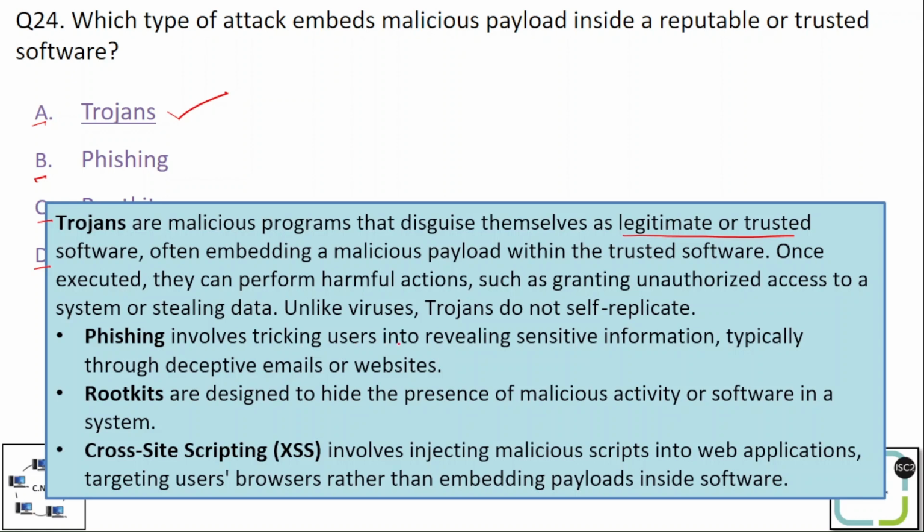Phishing involves tricking users into revealing sensitive information, typically through deceptive emails or websites. Rootkits are designed to hide the presence of malicious activity or software in a system. And cross-site scripting involves injecting malicious scripts into web applications targeting users' browsers rather than embedding payloads inside software.